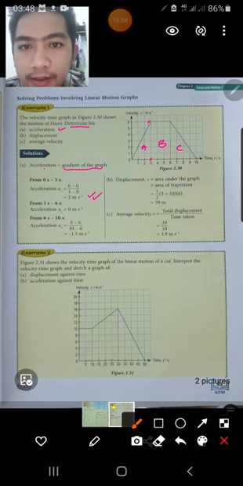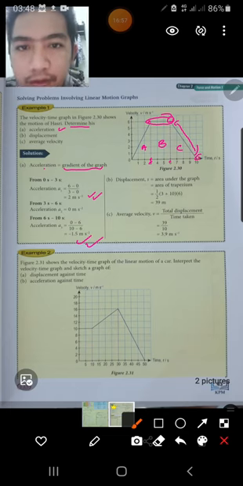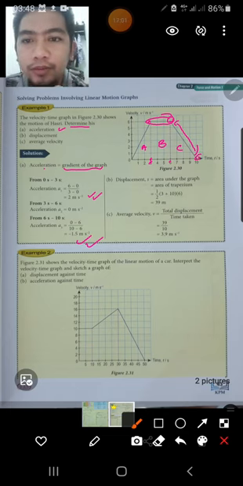Then from 3 second to 6 second, the gradient is here, so 0. Alright. And 6 second to 10 second, calculate its gradient, and you will get negative 1.5 meter per second square. If you get positive, that means it is wrong, because the shape goes downward, so the value must be negative.